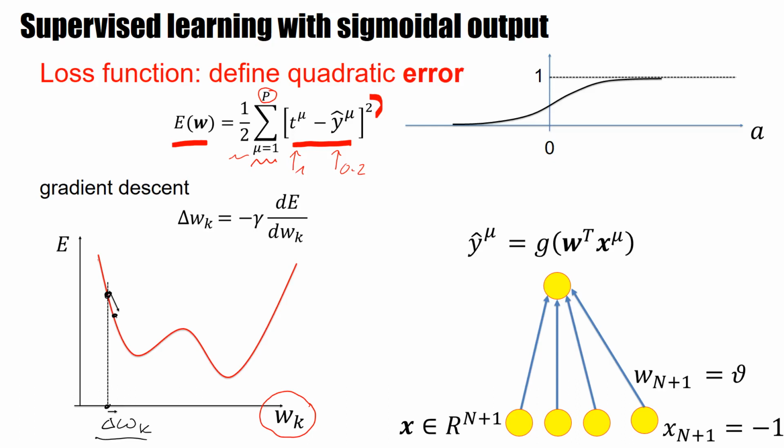Now but in order to go down, I have to increase my weight, wk, and therefore the weight change should be proportional to minus in direction of the gradient. And the factor gamma here is the learning rate. So gradient descent does not guarantee that I find the global minimum, which would be here.